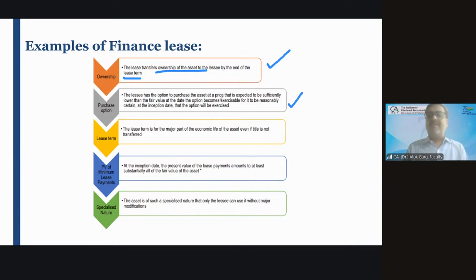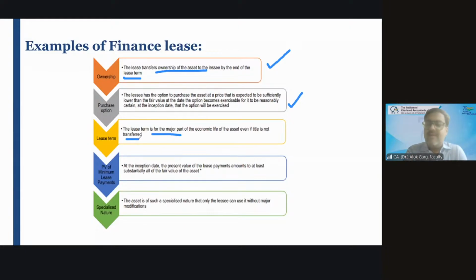Okay. So, the first condition is that the transfer of ownership option has to be there. Second, the purchase option has to be there, which means transfer of ownership, and it has to be at a nominal value. Third, the lease term is for the major part of the economic life of the asset.